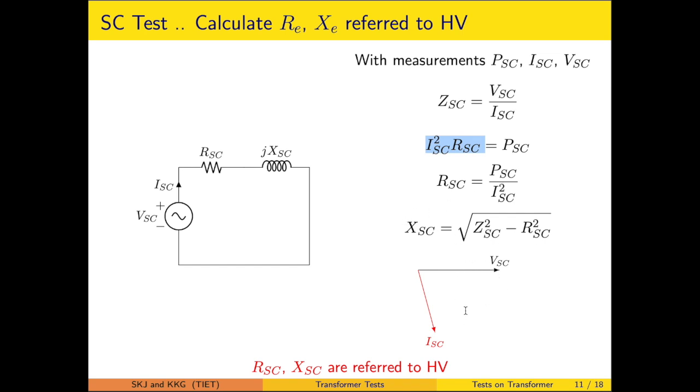Once you draw the phasor, you will find that under short circuit, the transformer behaves as predominantly reactive or inductive. These parameters are calculated at the high voltage side. So if we have to refer these parameters to the low voltage side, the appropriate adjustment with the turns ratio square has to be carried out.